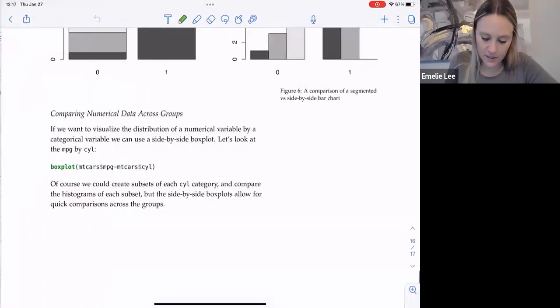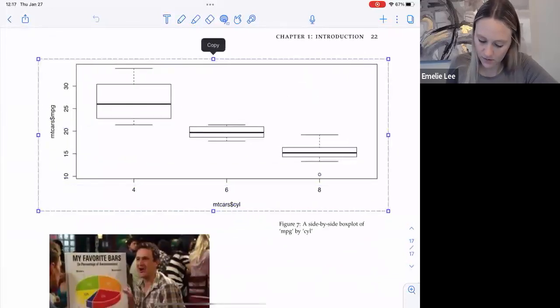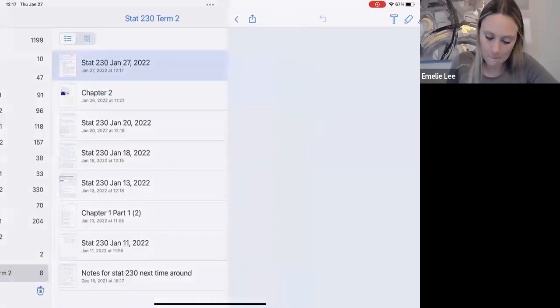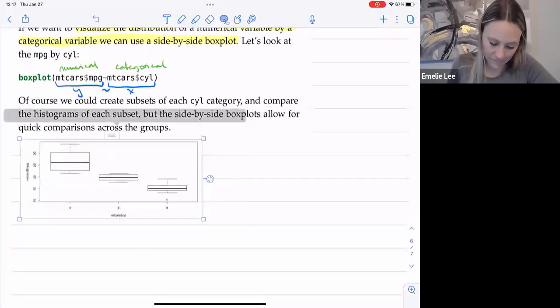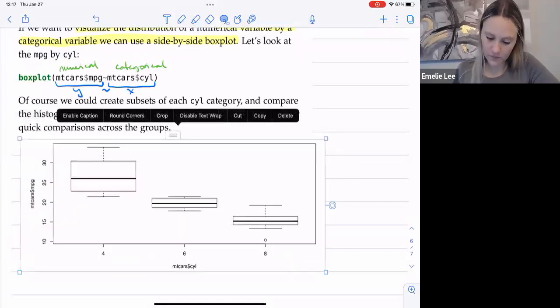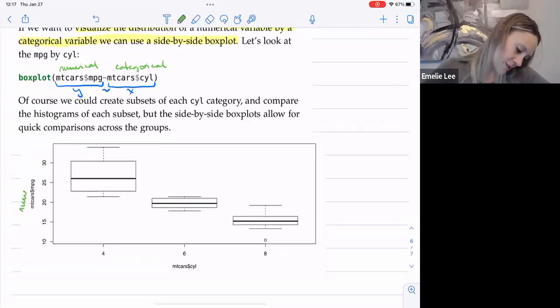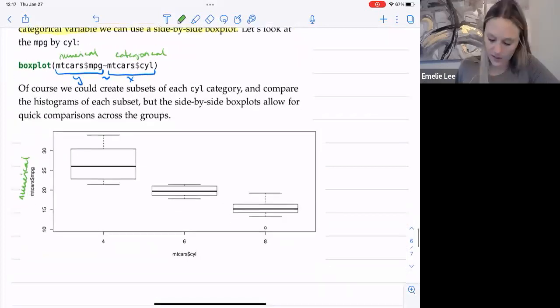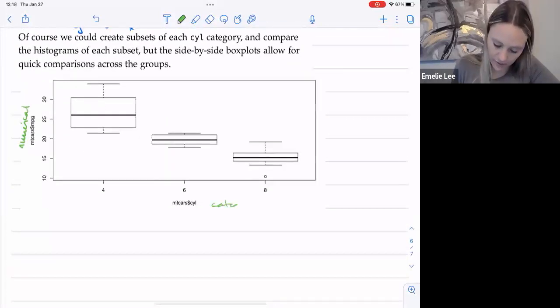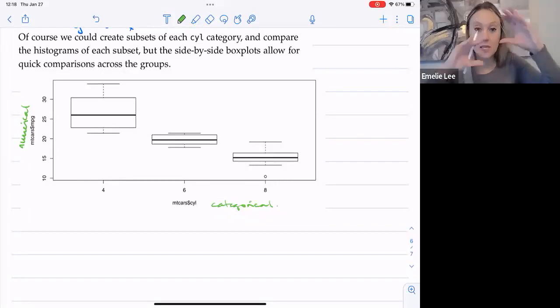Let's see here. What does it look like? Notice that I've got my numerical variable on the y-axis and my categorical variable on the x-axis. It breaks it up and makes separate box plots by the categories.